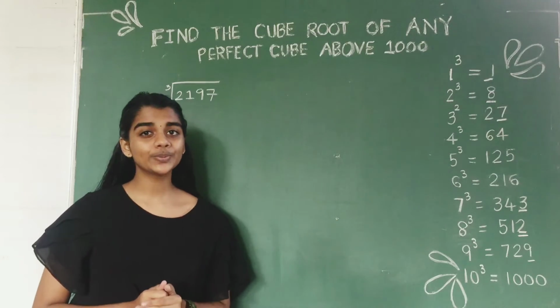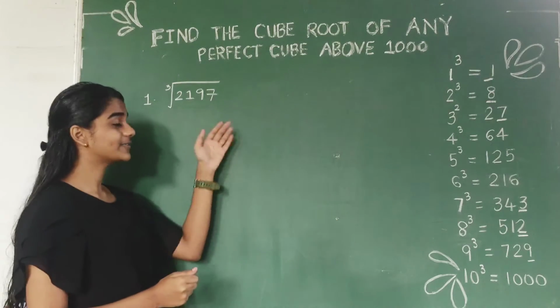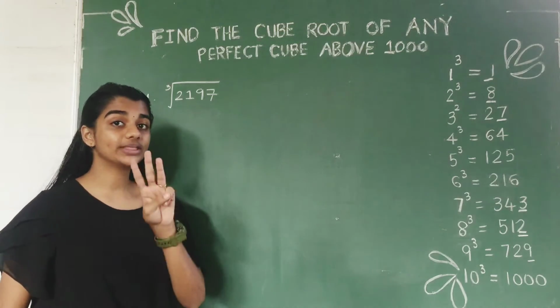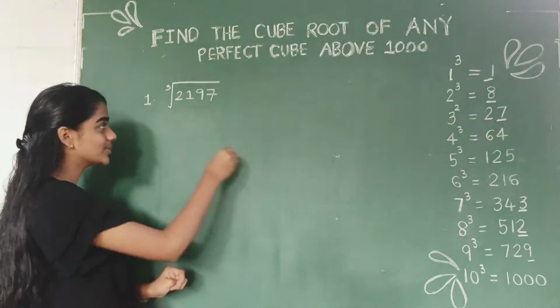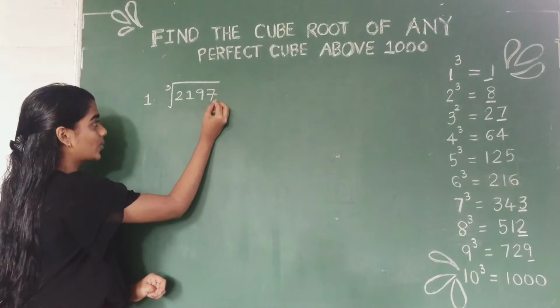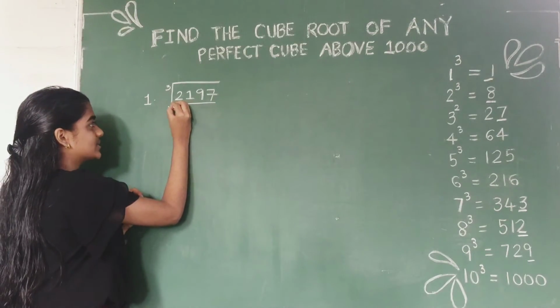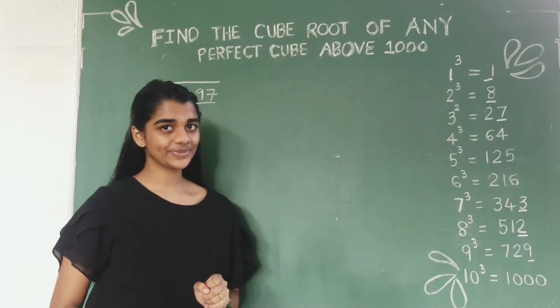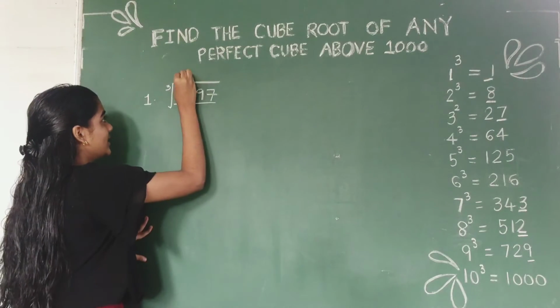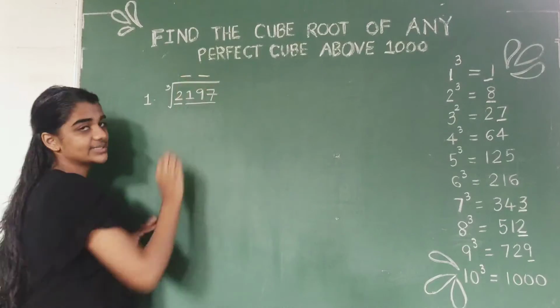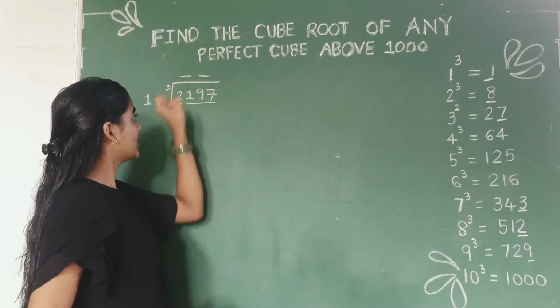And how do we group? We start the grouping from the right side, and there will be 3 digits in each group. So when we start from the right, 1, 2, 3 is one group, and this is remaining, so this is in the second group. Now, the answer would be in these 2 digits.